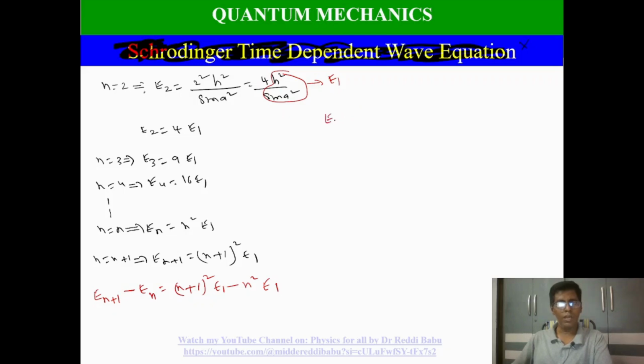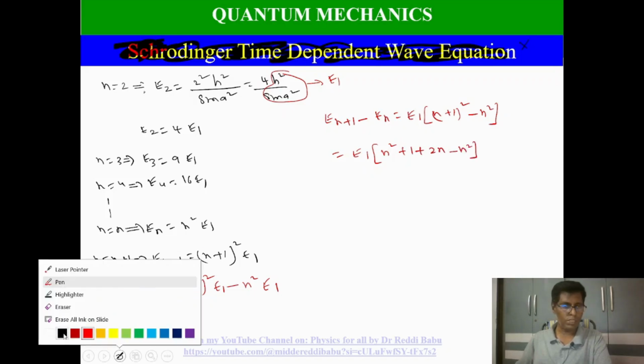I am rewriting here E(n+1) minus E(n) is equal to, we can bring E1 as common, remaining (n+1) whole square minus n square. Now simplify this expression. Right hand side is E1, (a+b) whole square is a square plus b square plus 2ab, minus n square is there.